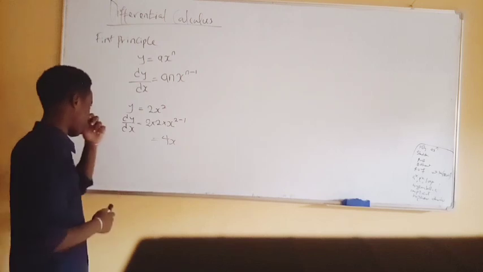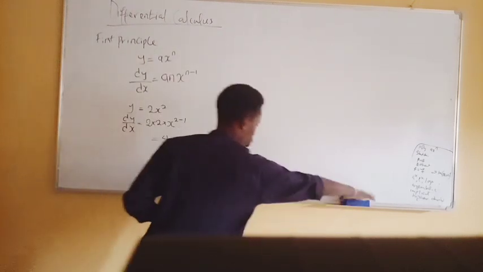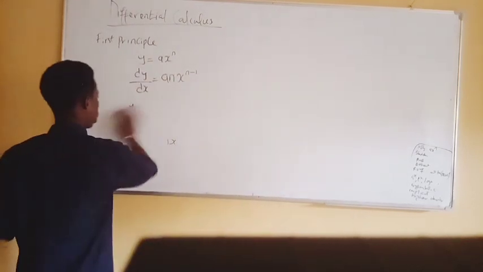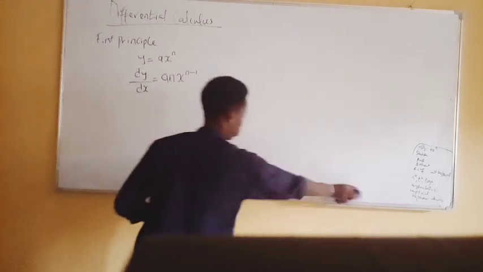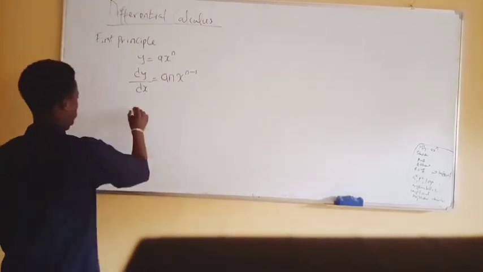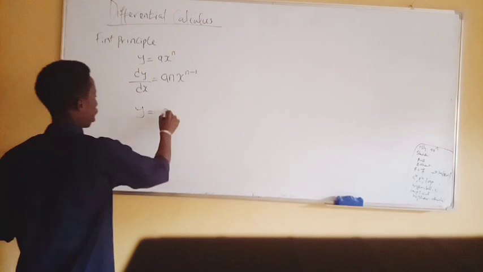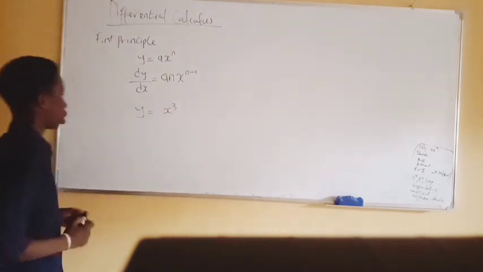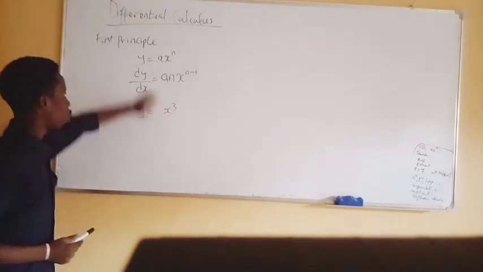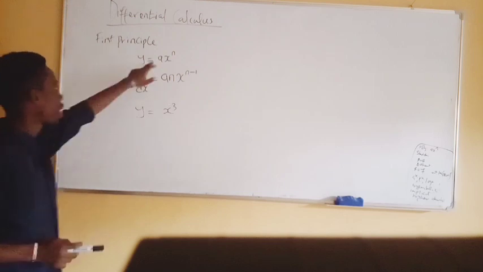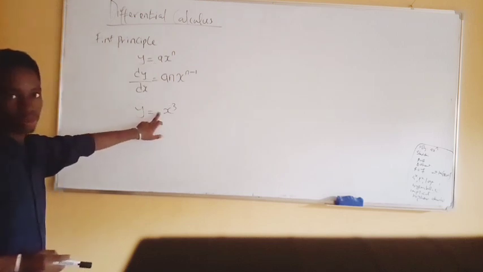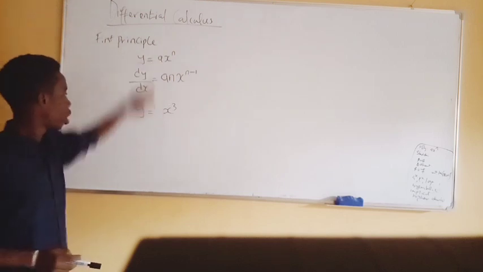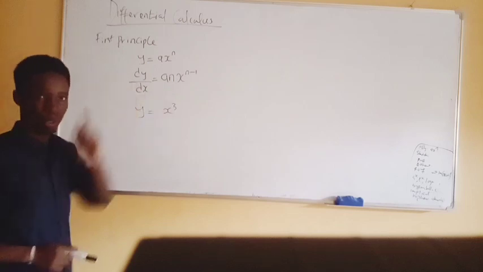So that is that. If we try another equation, say y equals x raised to the power 3, looking at it and comparing, we find that our a is 1, because x cubed is the same thing as 1 times x cubed.